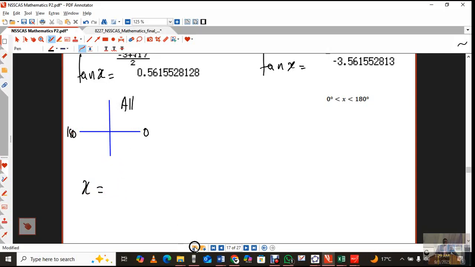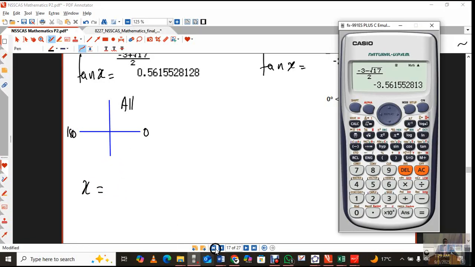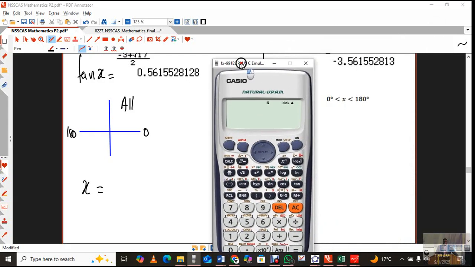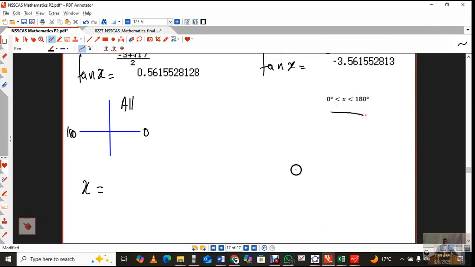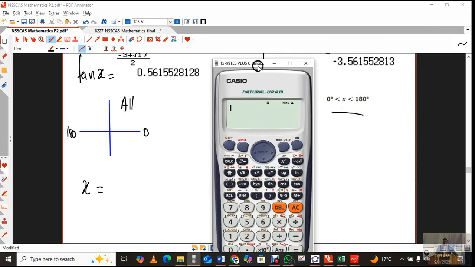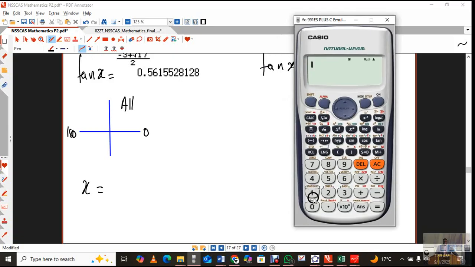So for that one, I'm going to take the inverse. My calculator is supposed to be in degree mode. Very important that you don't get confused there, because this is in degrees. Look at the domain, the angle should be in degrees.